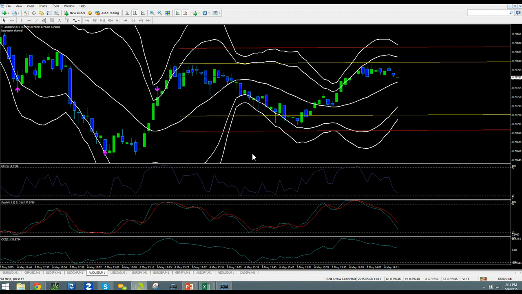However, the fact that you guys are going to be able to have this on 16 currencies or more means that there's going to be a lot more opportunity for you to catch the arrow in a ranging market where the arrow is the most accurate. And it ought to make it much easier for you guys to pass up on these trades that are not in your prime setup for their accuracy.